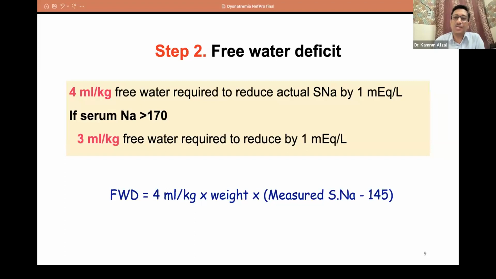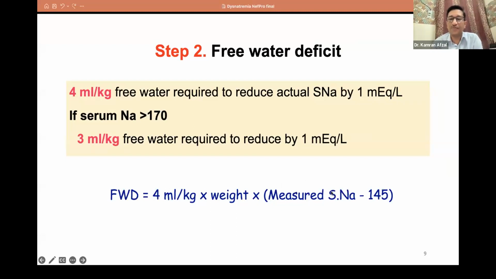Now, the free water deficit is the chief reason why the sodium has actually gone up. And this is what we will need to replace to get the sodium levels down. So 4 ml per kg of free water is generally required to get a sodium decline by 1 milliequivalent per liter, which means that if you want to get a larger decline, then you multiply the 4 into weight by the actual amount that needs to be the decline in the sodium.